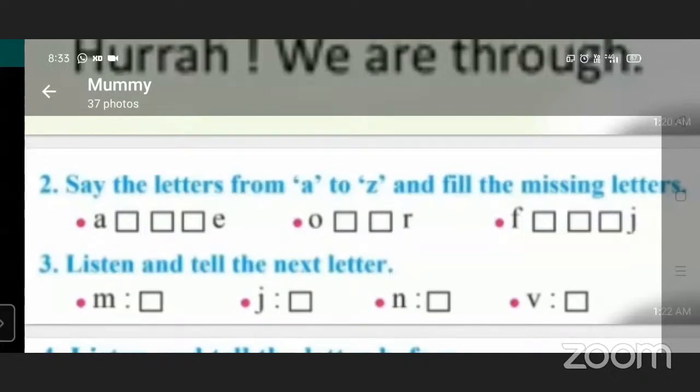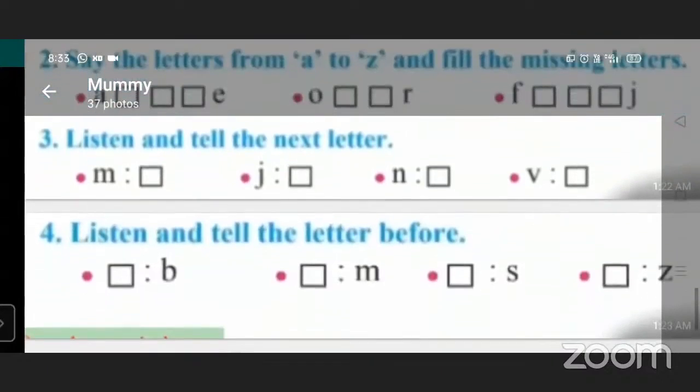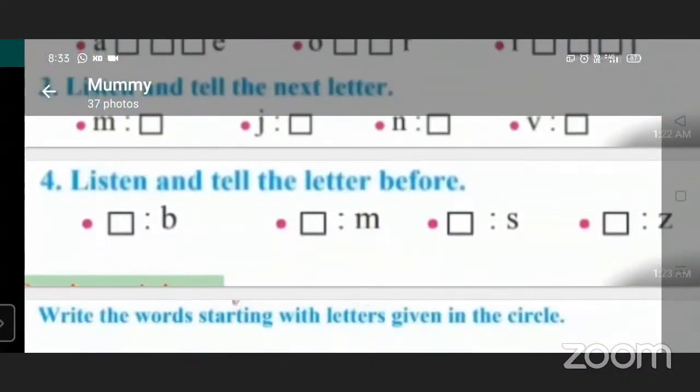Yes, V U. Very good. Now we see the next question. This is the fourth question. Listen and tell the letters before. So we write here before letter. So question is B. So yes, before letter is A. So we write here A, B, N, M. Very good.